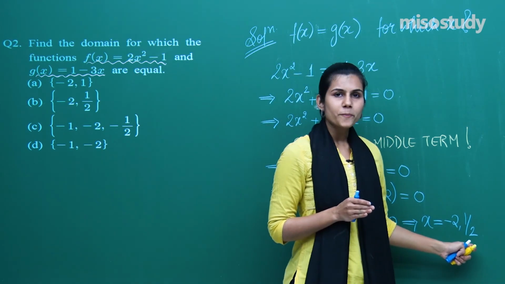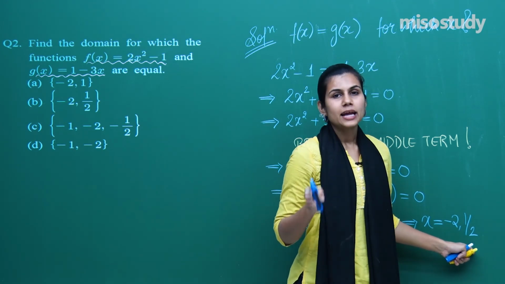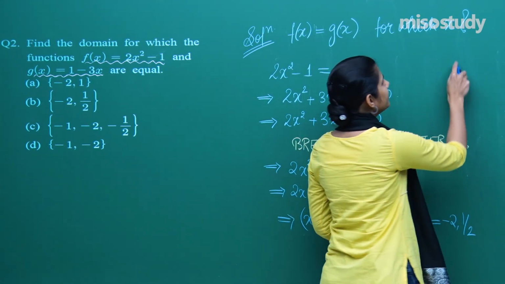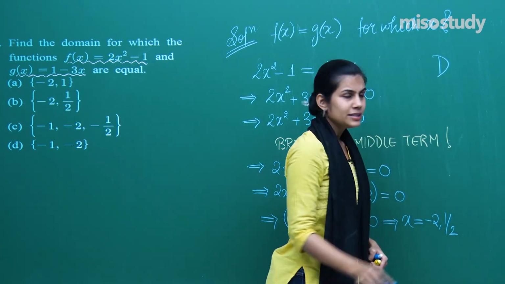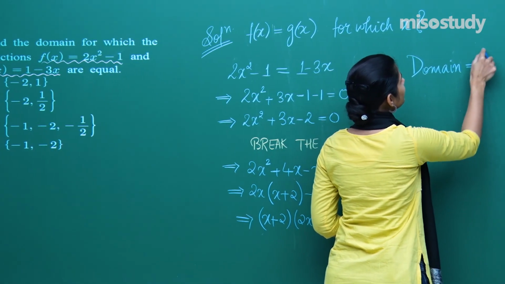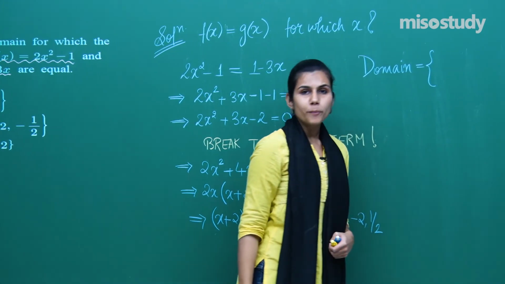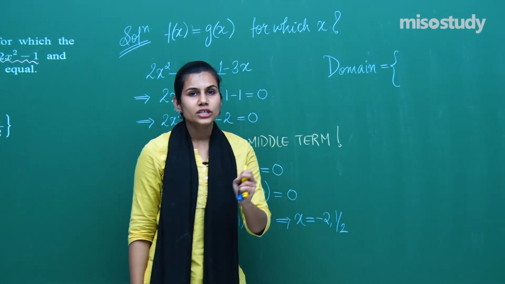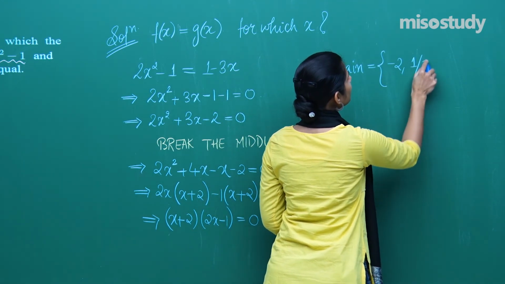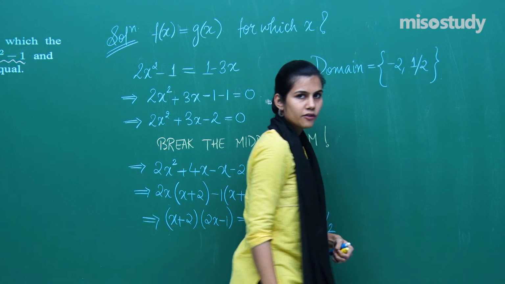For these 2 points only can my f be equal to g, and therefore the domain happens to be just consisting of these 2 points for which f and g can be equal, which is minus 2 and half.